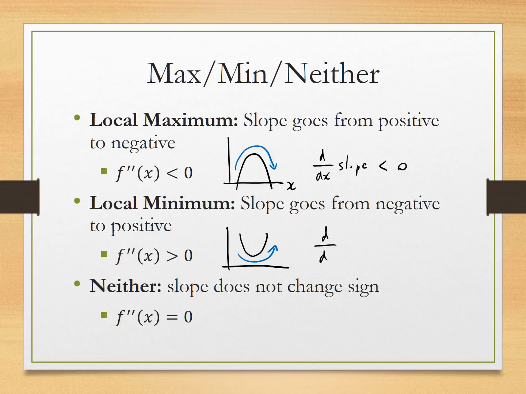For minimum, the slope is increasing because the function is going from a negative slope to a positive slope. So d dx of slope would be positive. And if it's neither, then d dx of slope would equal 0.